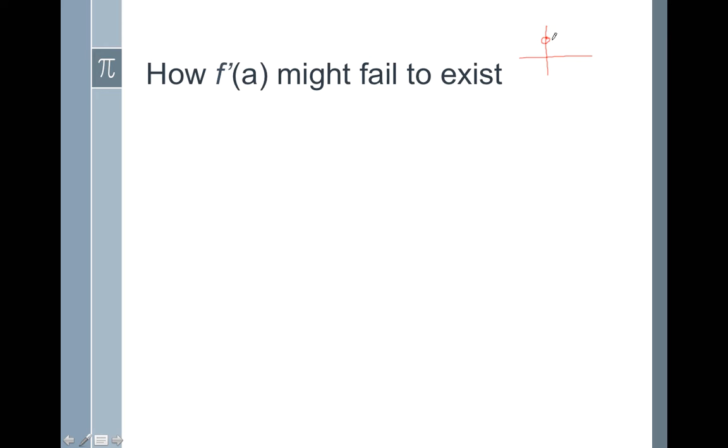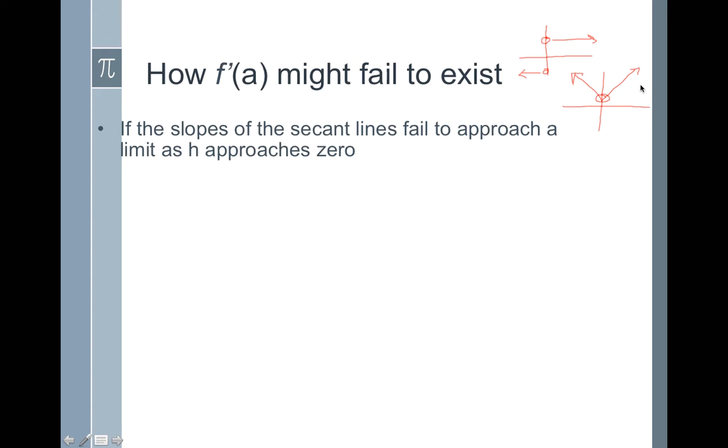And you recall the function that kind of went like this and like this. You notice that there was no slope at x equals 0, which actually meant that the derivative didn't exist at 0. And if you recall what that graph looked like, it looked a little bit something like this. And it had to do with that point right there. And we're going to call that point a name in just a minute.